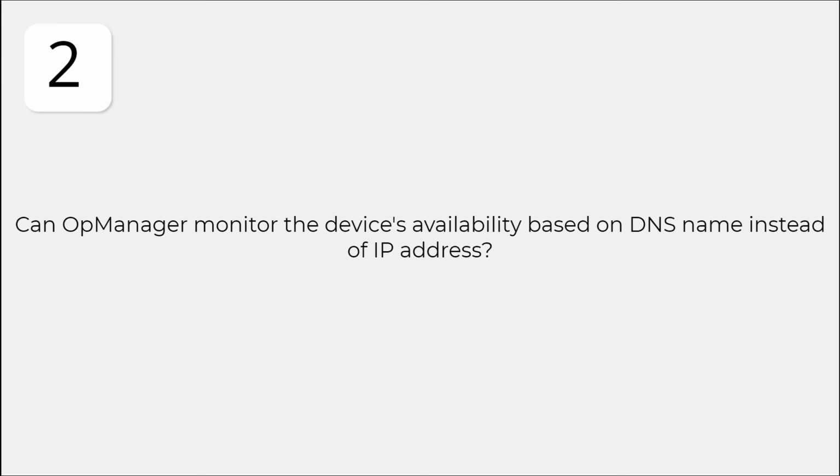Can OpManager monitor the device's availability based on DNS name instead of IP address? Yes, this is possible. All we need to do is just change a setting on OpManager, which would bring in this feature. So let me take you to the UI and show you where to change this and have this enabled.